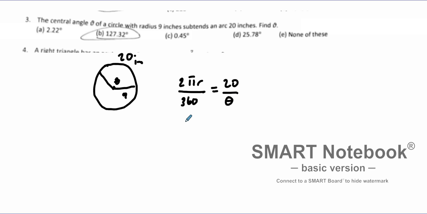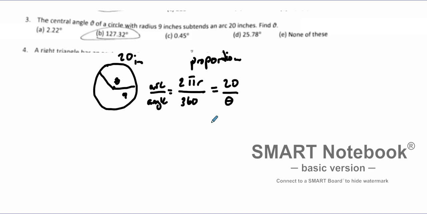We want to figure out what this angle is. So we're just going to make a proportion, and you can do this with any circle with arc lengths.